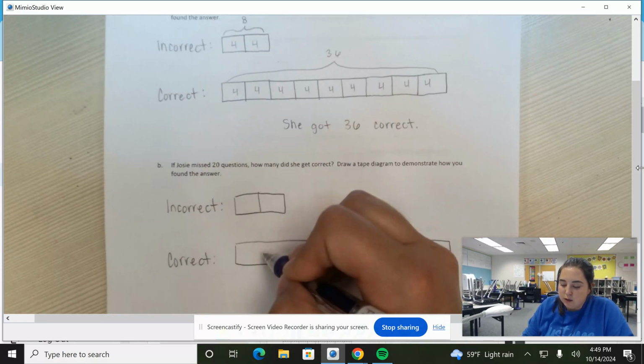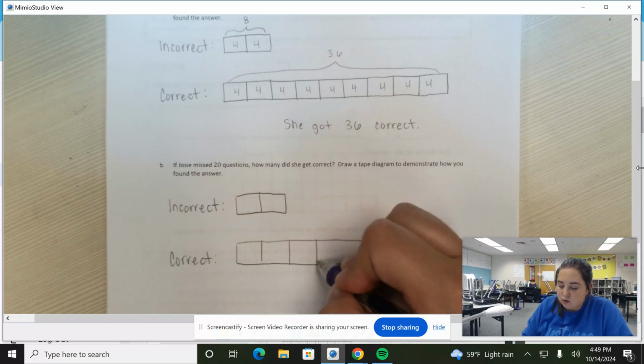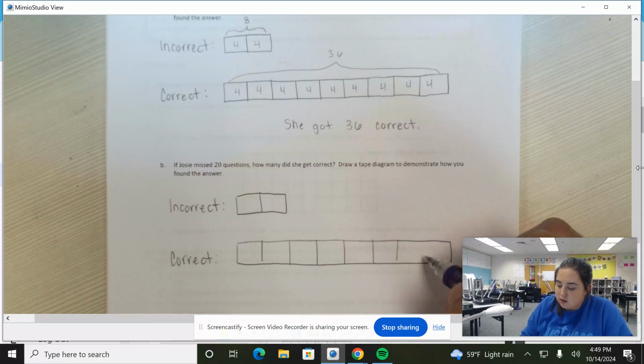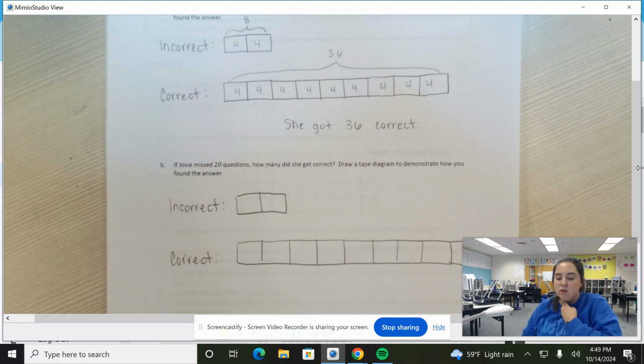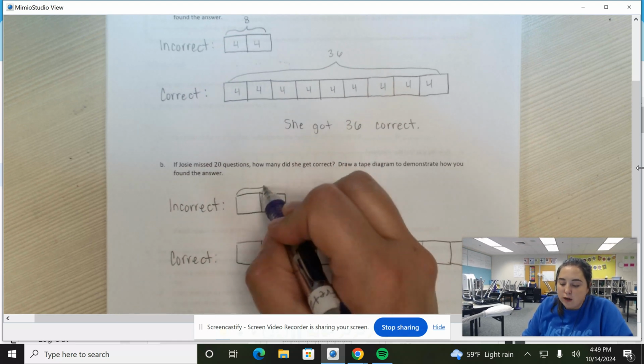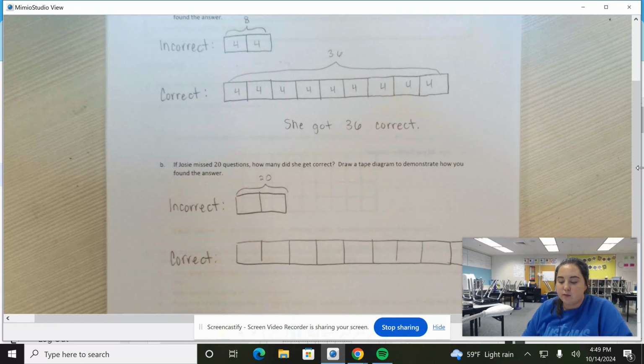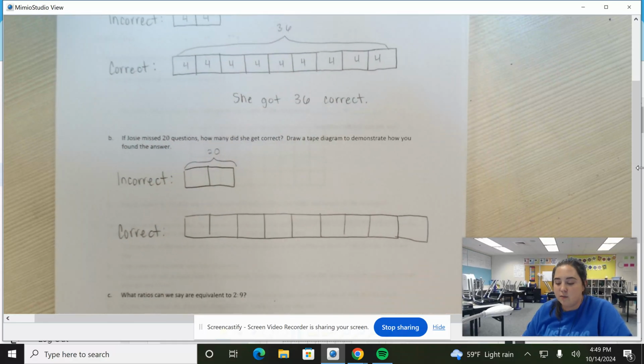Make sure you get 9 pieces. 1, 2, 3, 4, 5, 6, 7, 8. Oopsies. 9. So again, it's saying she got 20 incorrect. She missed 20. Can you figure out how many she would have gotten correct then?